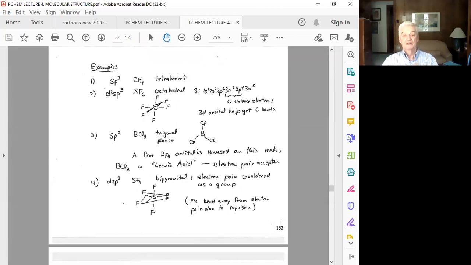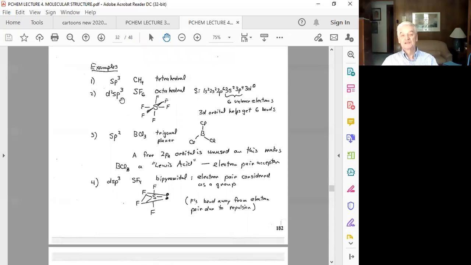sp3 hybrids predict a tetrahedral. And if the substitution is not too severe, then more or less the structure will remain tetrahedral. So if you have CH3F, it would not be quite as bad as CH3Cl for distorting that tetrahedral structure.